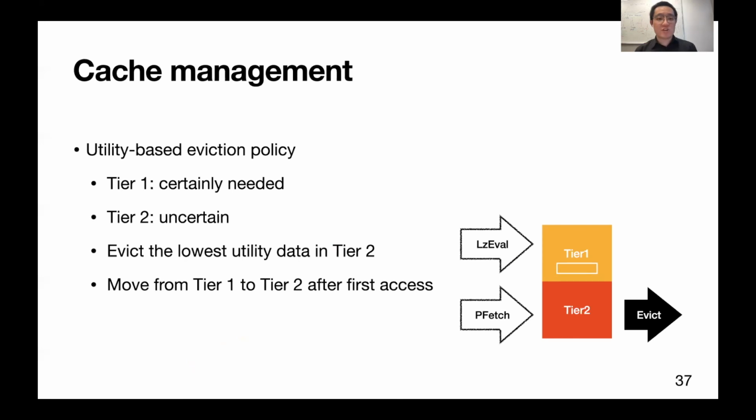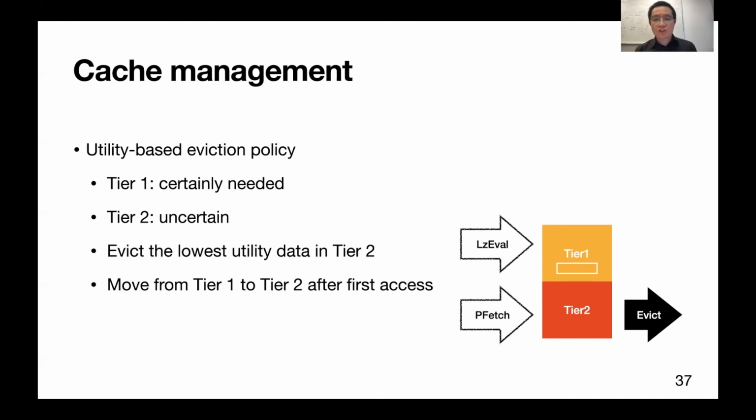Now coming to cache management, the cache eviction policy is based on utility modeling. We separate the cache into two tiers. Tier 1 only maintains remote data that will certainly be needed in future, and Tier 2 stores the remote data that may be needed in future.